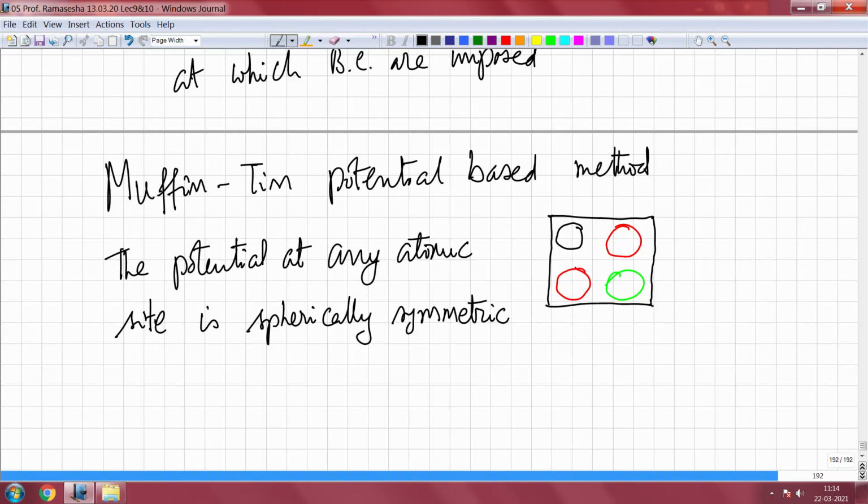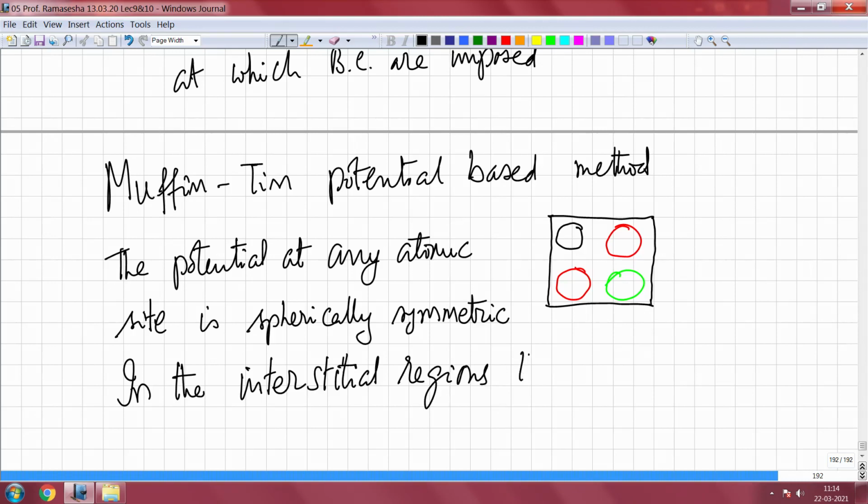But what they did not do was consider only a spherically symmetric potential. They said that in the interstitial regions the potential is a constant or 0.